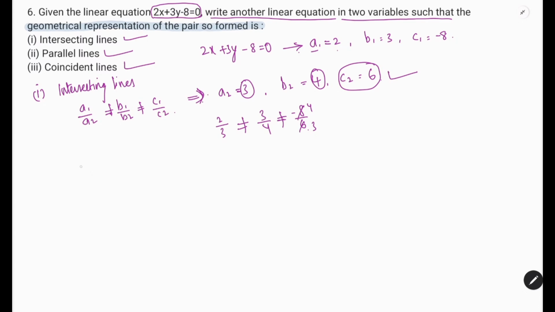So the required linear equation is a2x + b2y + c2 = 0, so that the two lines can be intersecting.